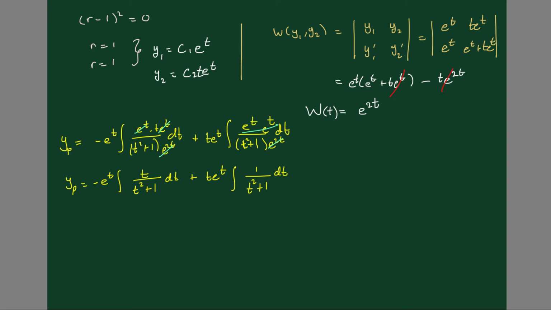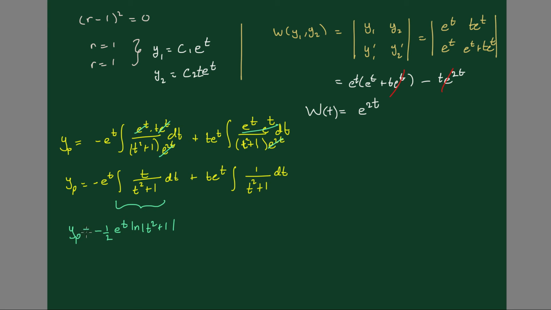So the first integral is very easy to handle here. This integral here just becomes 1/2 ln of t squared plus 1 if you do a u substitution here. So this becomes minus 1/2 e to the power t ln of t squared plus 1.